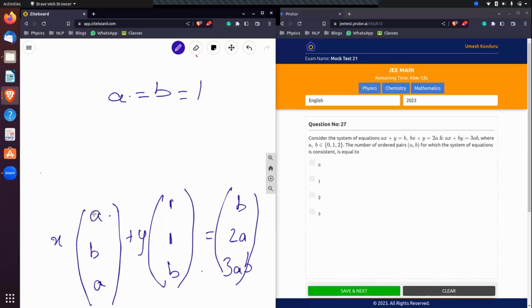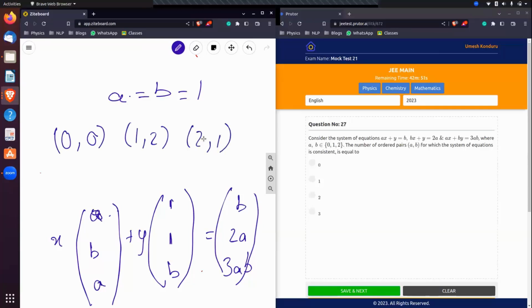So when that happens, you have x times (1, 1, 1) plus y times (1, 1, 1) equals (1, 2, 3), which obviously is not possible. So I think finally what you end up with is (0, 0), (1, 2) and (2, 1).